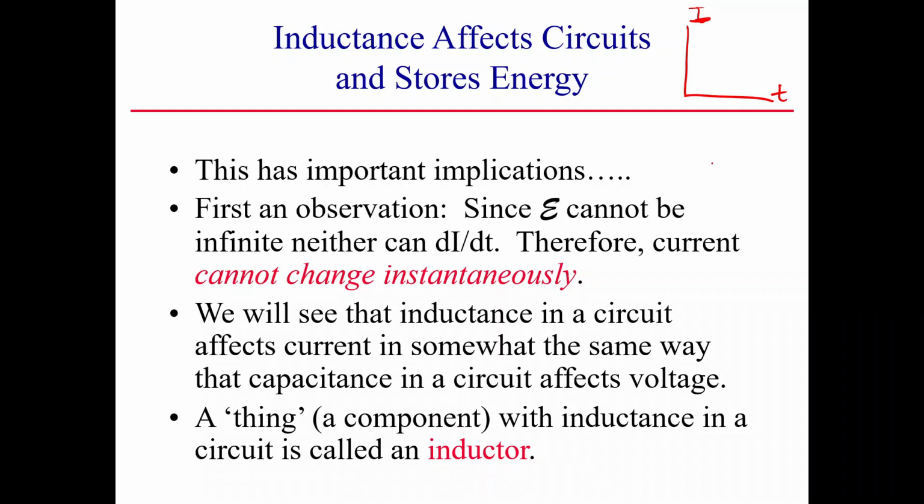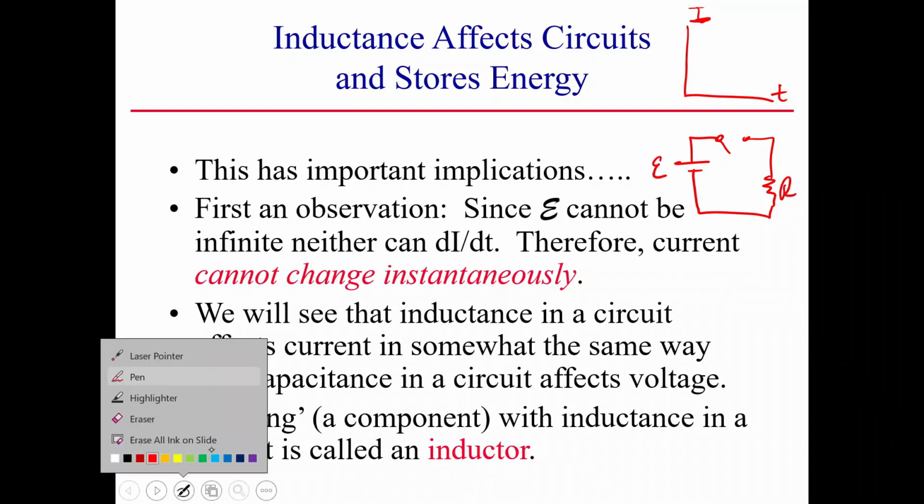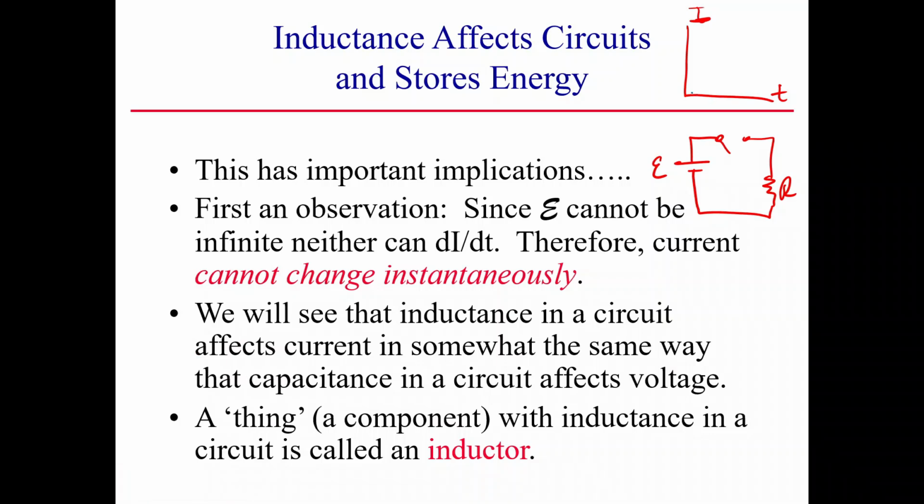If I have a power supply here, and I've got a switch, and I've got a resistor, what I assume is that while that switch is open, I have absolutely no current. And then if I were to close that switch instantly, I should be able to have a current equal to E over R right after that. That's what it says.